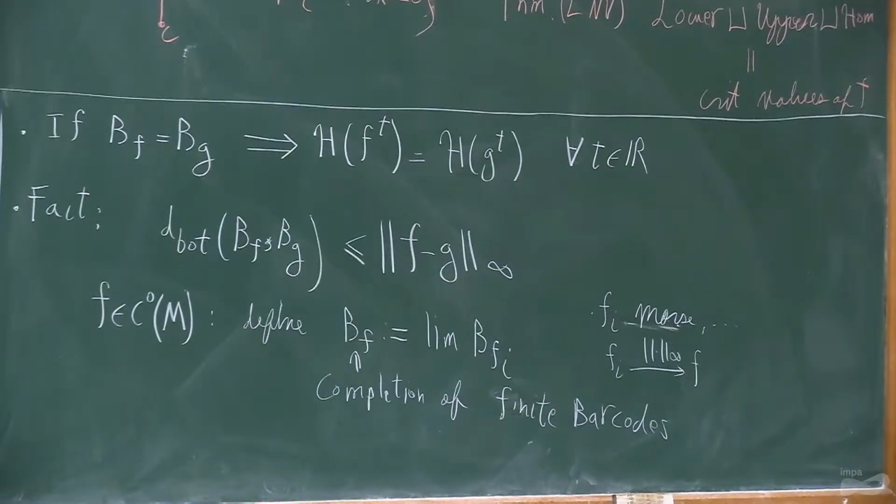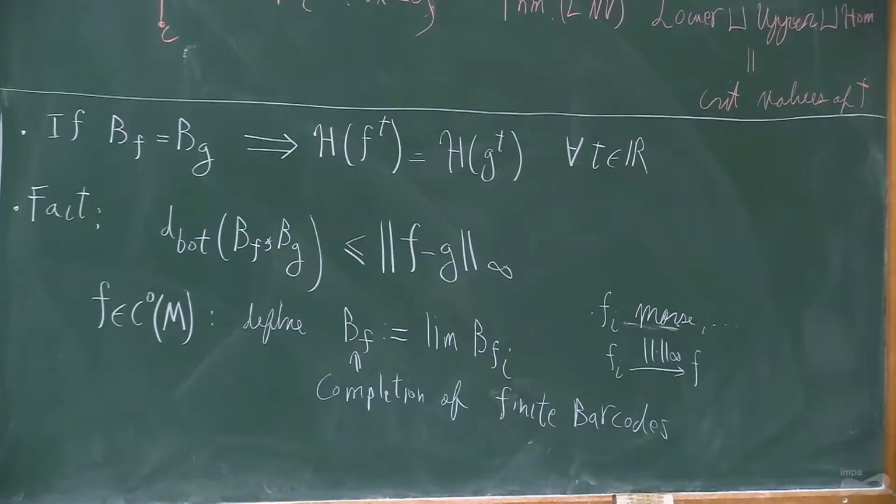So that's what I call the space of barcodes rather than finite barcodes. So for a C0 function, B_f lives in the space of barcodes, as opposed to finite barcodes.